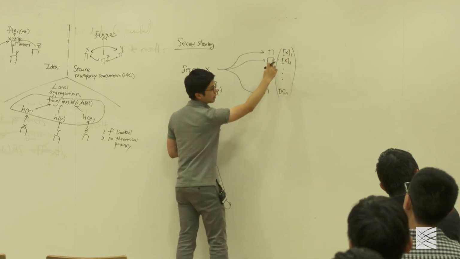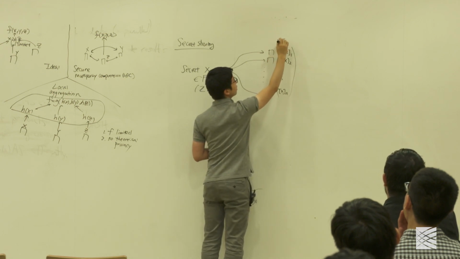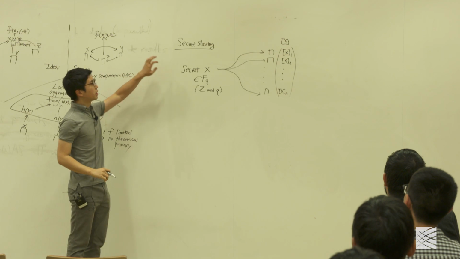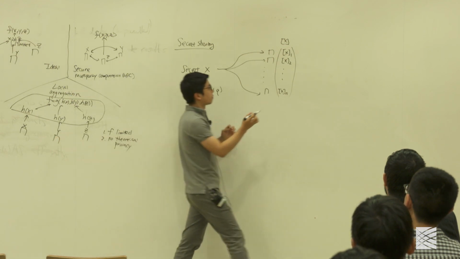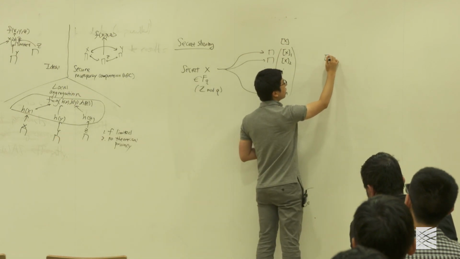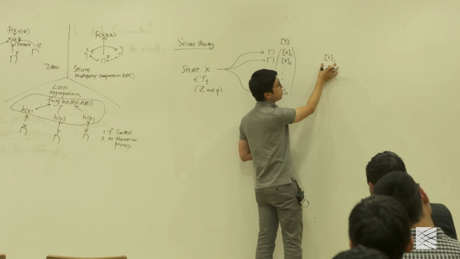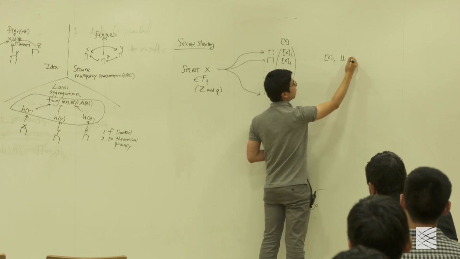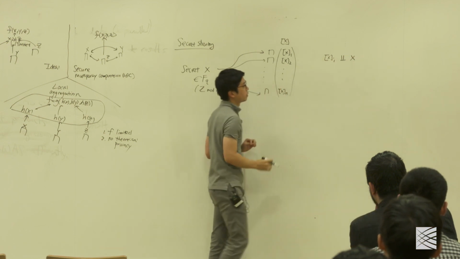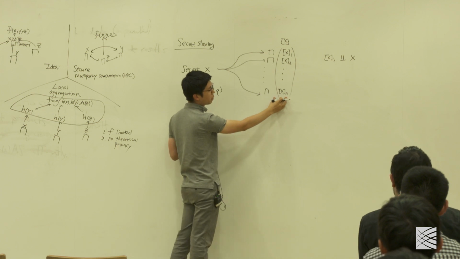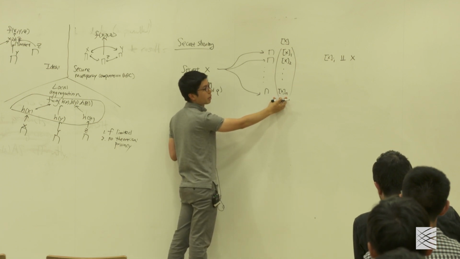And I'm going to refer to this entire vector of secret shares using this notation, bracket x. All right. So the key property of secret sharing is that each share independently is statistically independent from the underlying input x. So this gives you a notion of privacy, right? Each party, based on just their own copy of the data, doesn't learn anything about x.